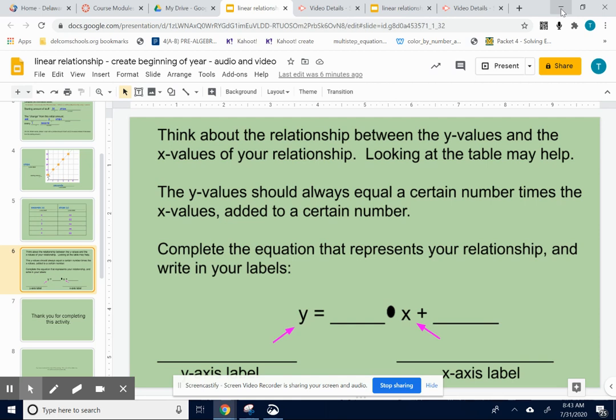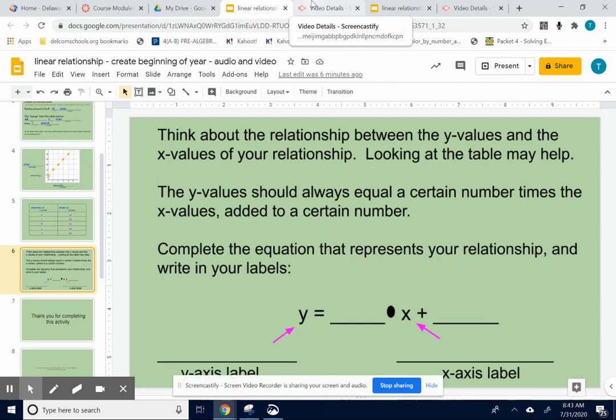I think that's the easiest way, at least for now, for you guys, is to look at your table and then know that in this kind of relationship, the y values should always equal a certain number times the x values added to a certain number. And there's a simple way to do it. I just want to see if you can come up with what happens on your own.